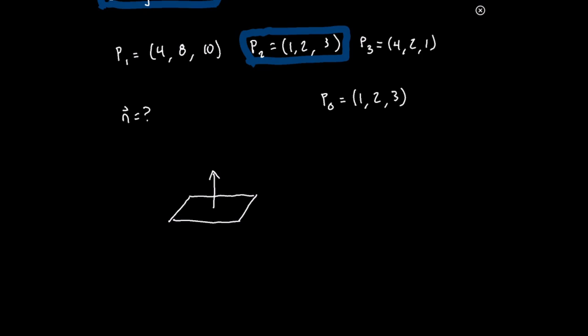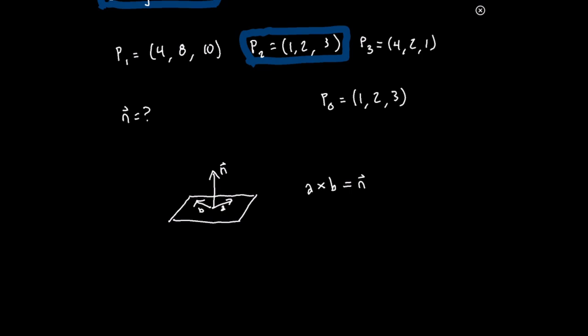So what this is saying is that if I have two vectors, say I have vector A and I have vector B, and both of those vectors are on the plane, then if I take the cross product of these two vectors, A cross B, then that will give me my normal vector, because the cross product of two vectors is always perpendicular to both of them.